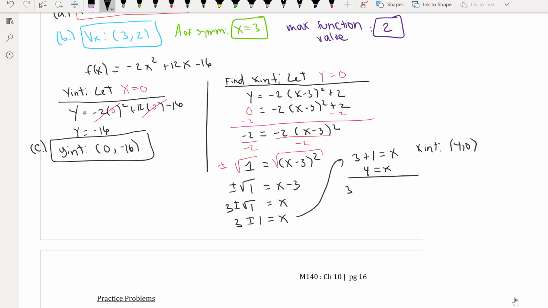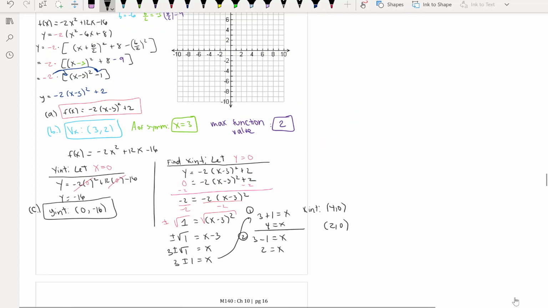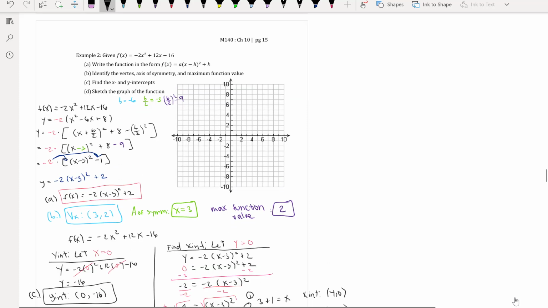The next one that I would have is 3 minus 1 is equal to x. So first equation, second equation. 3 minus 1 is 2. So my other x-intercept would be (2, 0). Okay. And again, that's all of my part C.